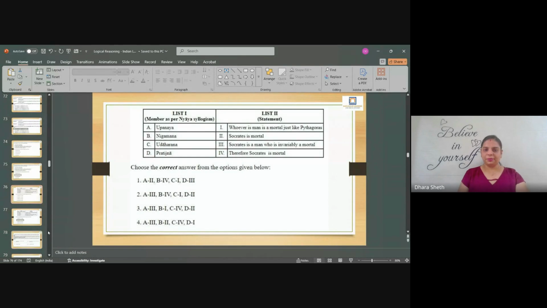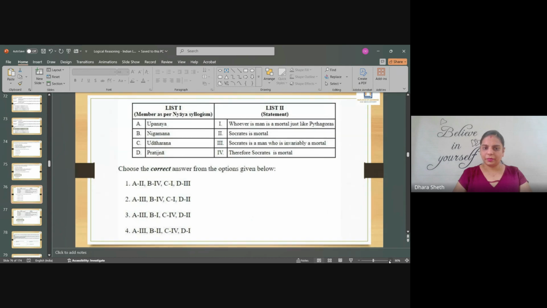Another question: Upanay, Nigaman, Udaharan, and Pratijna. Now here, I want you to match them. Okay, we'll do it together so that you will recall the concepts. What's the first step?